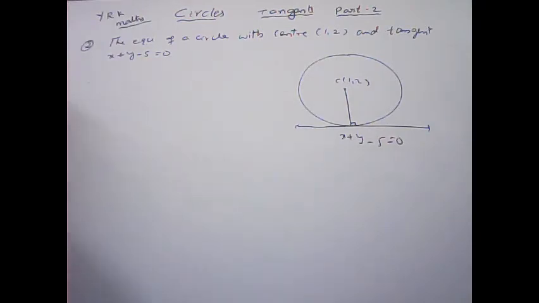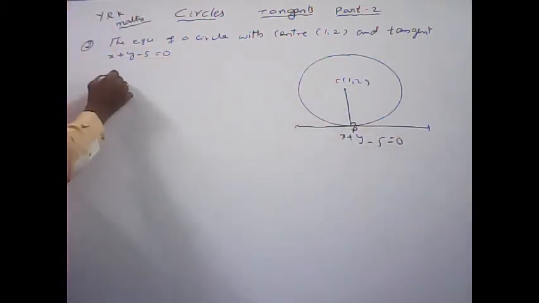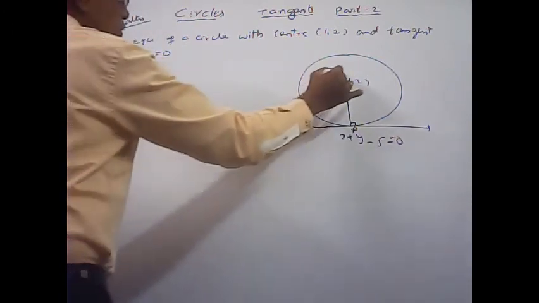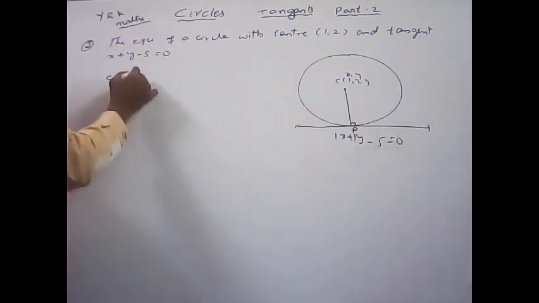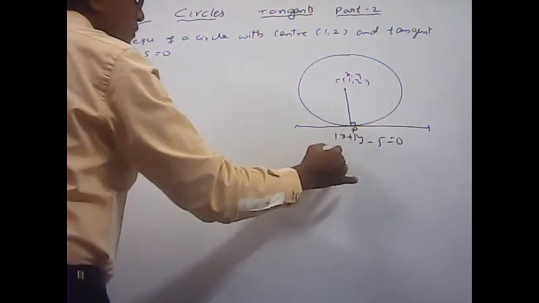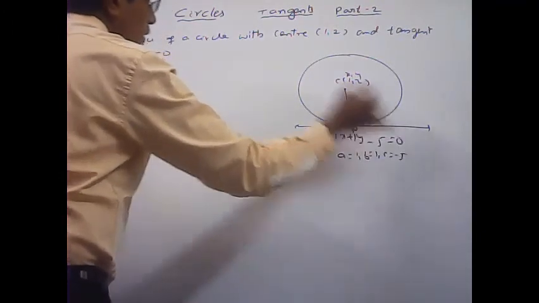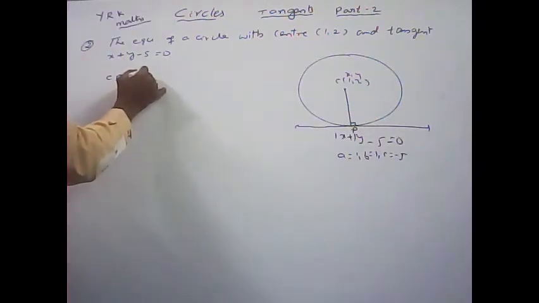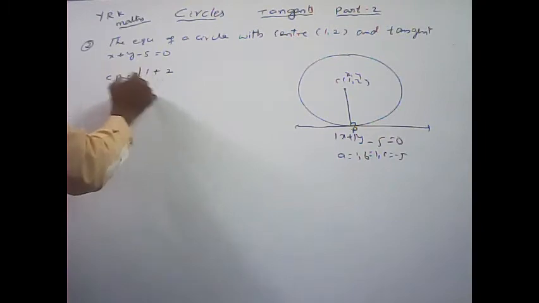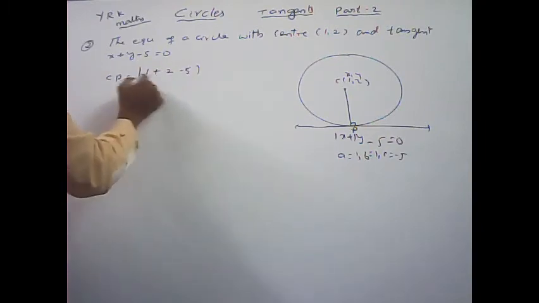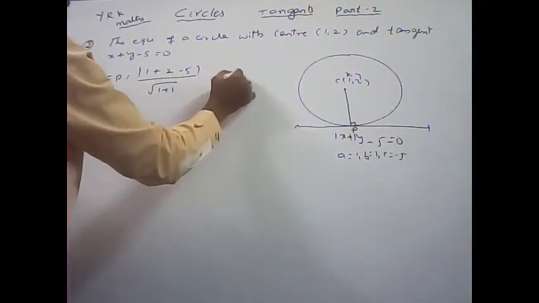If I take the point P, CP is the perpendicular distance from (x1, y1) to ax plus by plus c equals 0. Comparing, a is 1, b is 1 and c is minus 5. So (a x1 plus b y1 plus c) is 1 into 1, plus 1 into 2, plus minus 5, by root of a square plus b square, that is minus 2 by root 2.